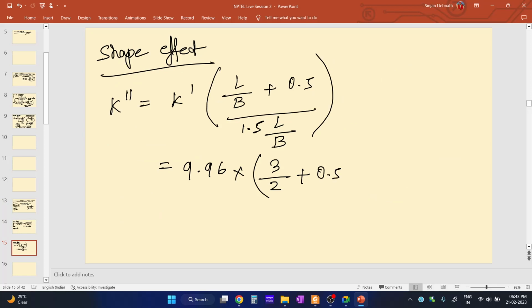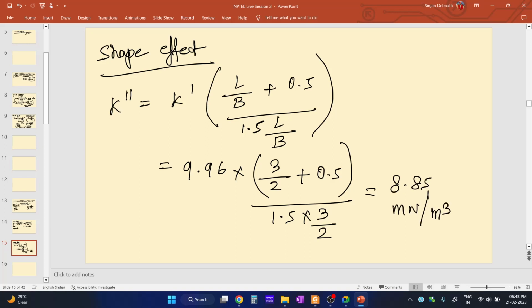Plus 0.5 divided by 1.5 times length 3 meter, breadth 2 meter. Now, if you calculate this thing, it will come out to be 8.85 meganewton per meter cube.